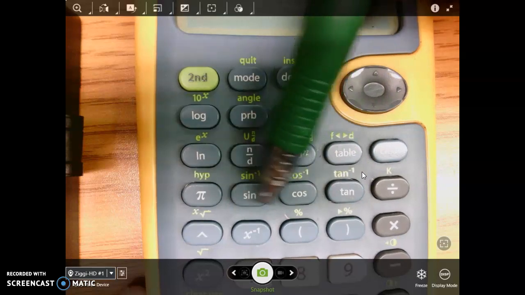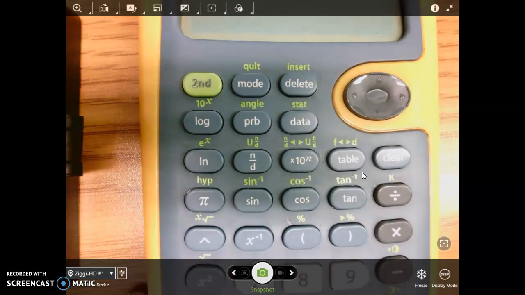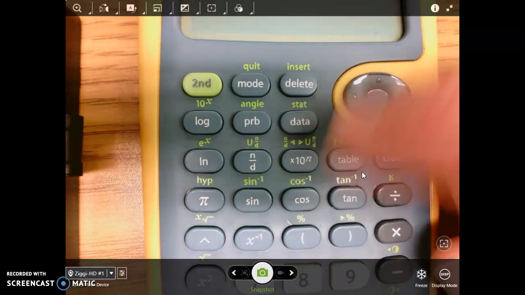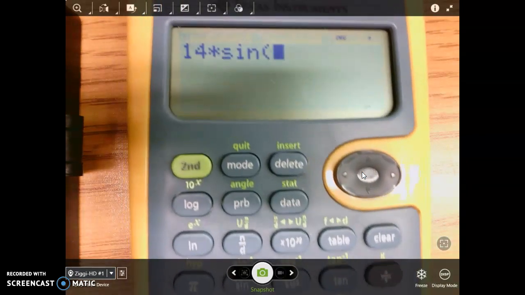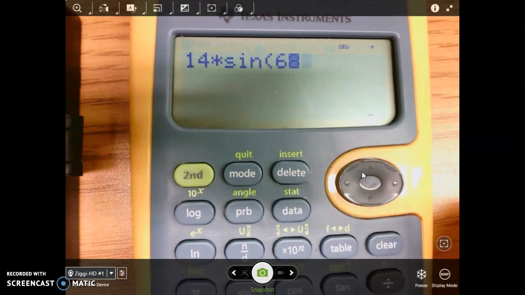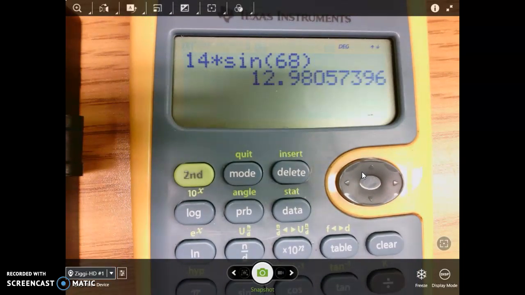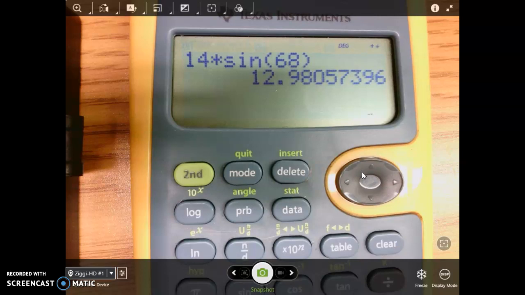We wanted the sine of 68 degrees, if I remember right. So what I'll do is, I'll put in sine, and then type in 68. We're already in degree mode. In your parentheses, you hit enter. 12.98.